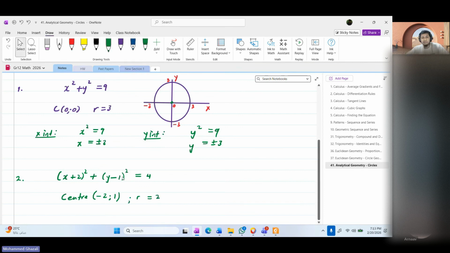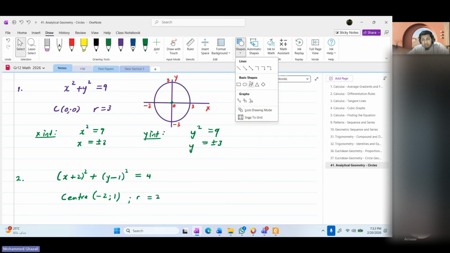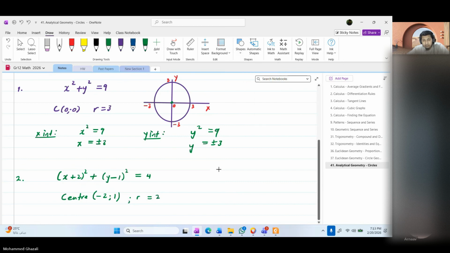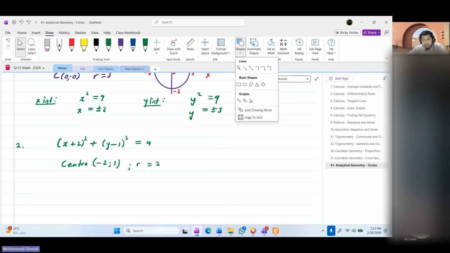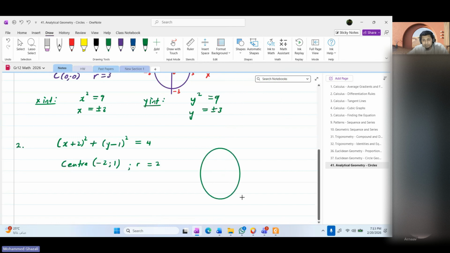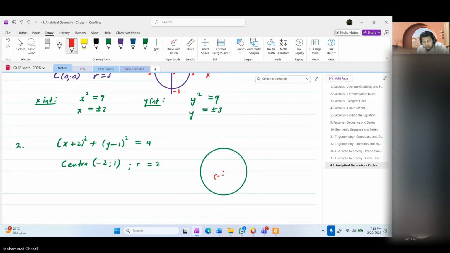So the center is (-2, 1). Now, let's draw the circle first, right? So the center is (-2, 1), and the radius is basically 2.